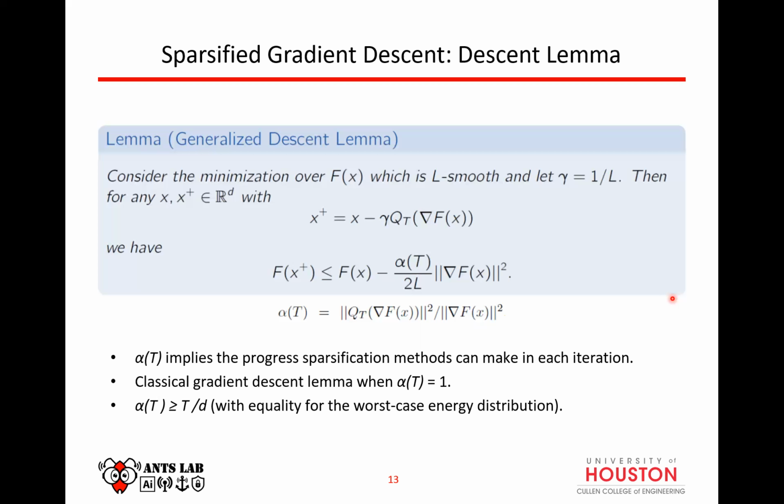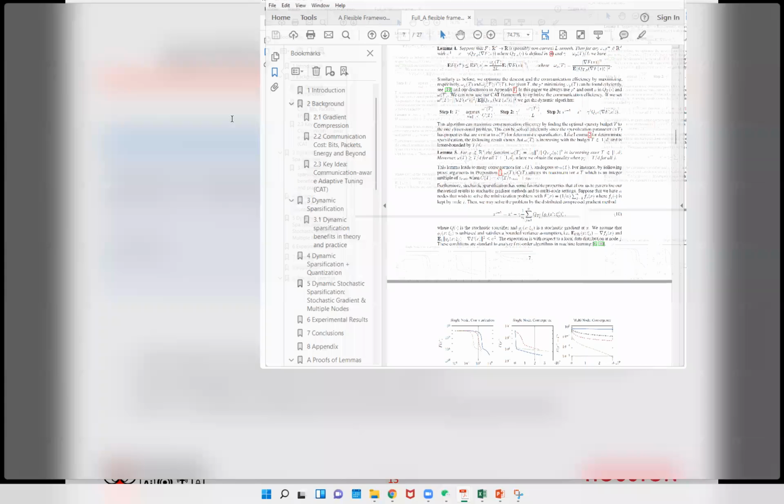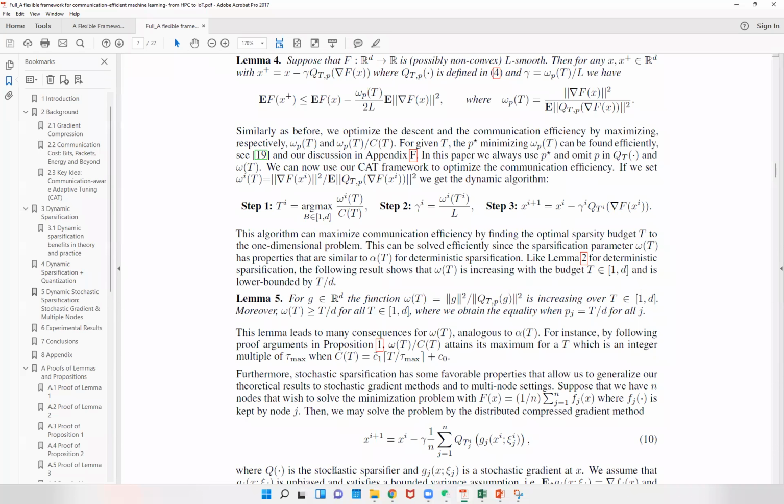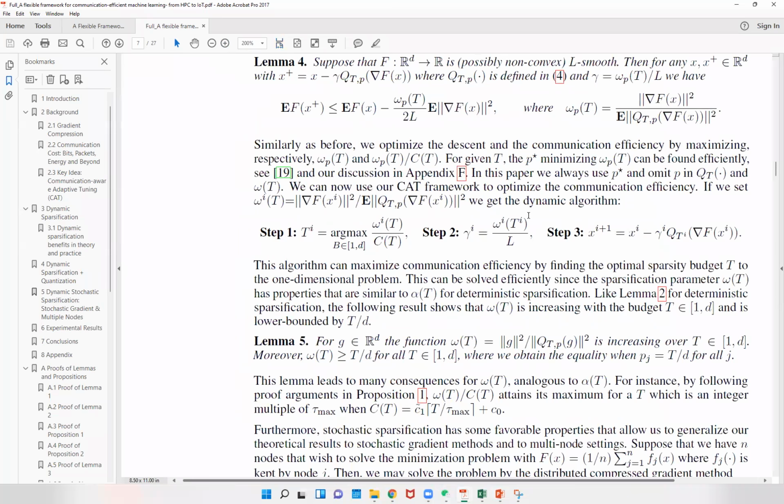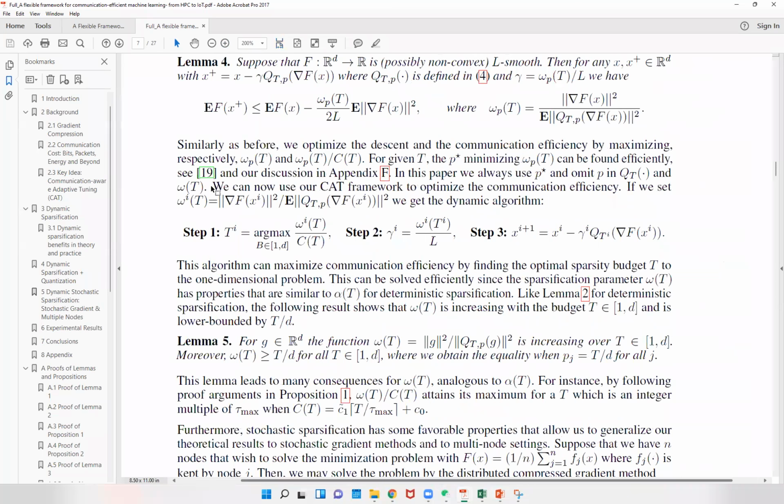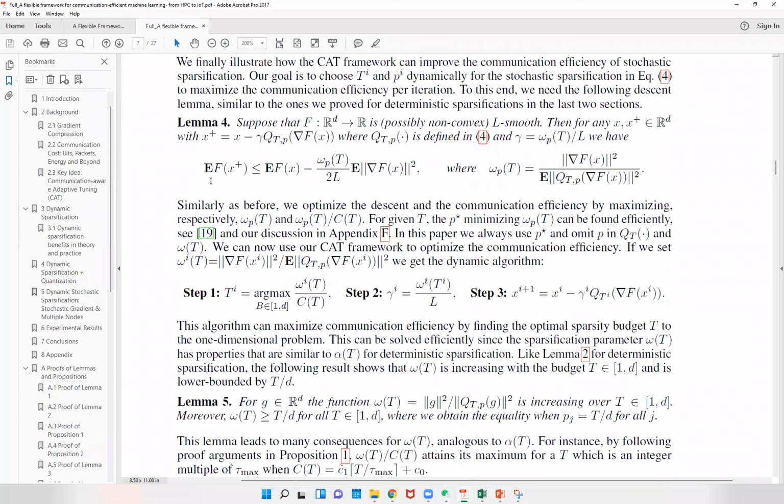Okay. Yeah, and I think if you look at multiple nodes, or maybe this lemma 4, you can see the contribution that it has for our convergence analysis the way we do. They have considered all the learning parameters very similar to that.